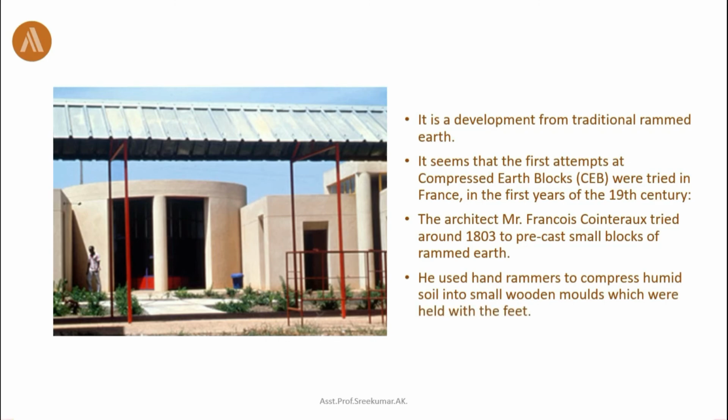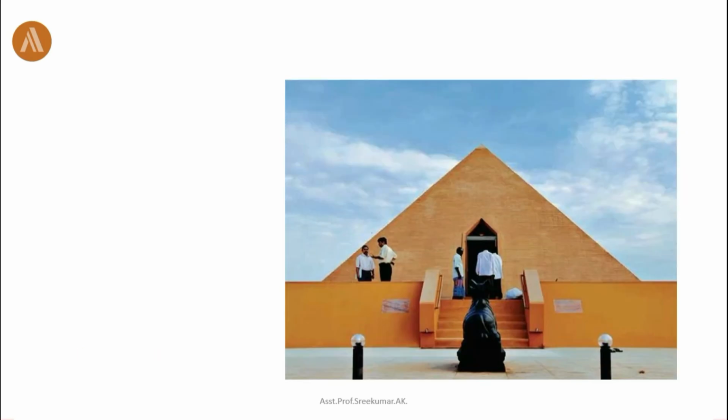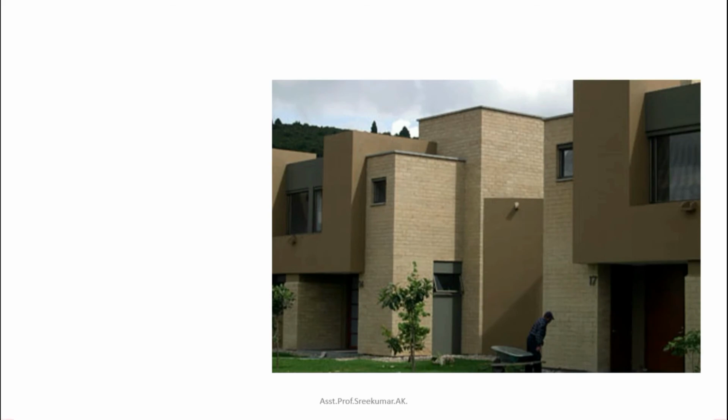He used hand rammers to compress humid soil into small molds which were held with the feet. As you can find here on the screen, Sri Karneshwara Nadaraja Temple at Tamil Nadu was constructed out of CSEB. And these apartments in Colombia designed by architect Mauricio Sanchez are constructed out of CSEB.